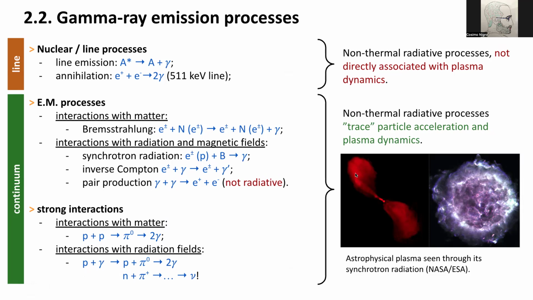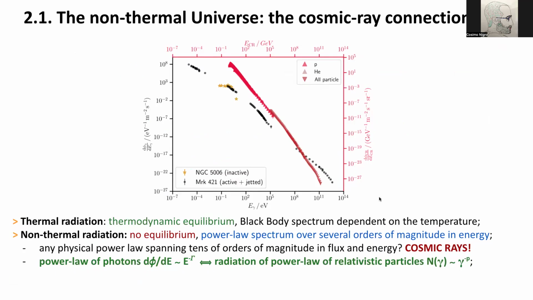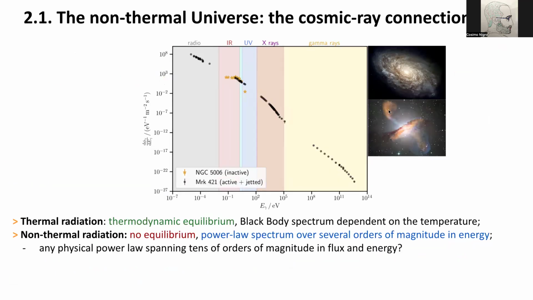So it traces not only the sites where particles are accelerated, but even the plasma, which is the region in which these particles are being accelerated as they move. You can see here astrophysical plasma basically imaged through its synchrotron radiation. In this case, we have the jets of a galaxy, and I think it's exactly the same galaxy that I showed you in the exemplary figure.